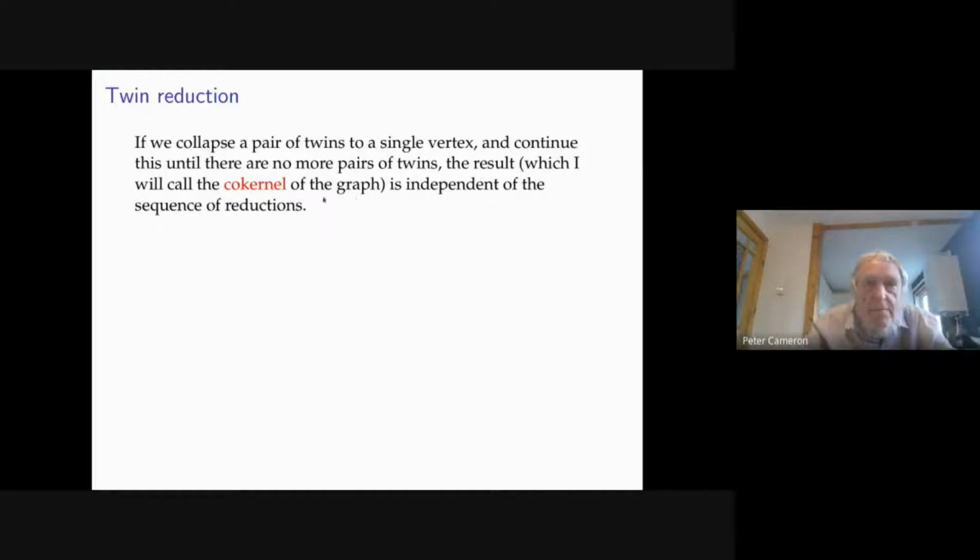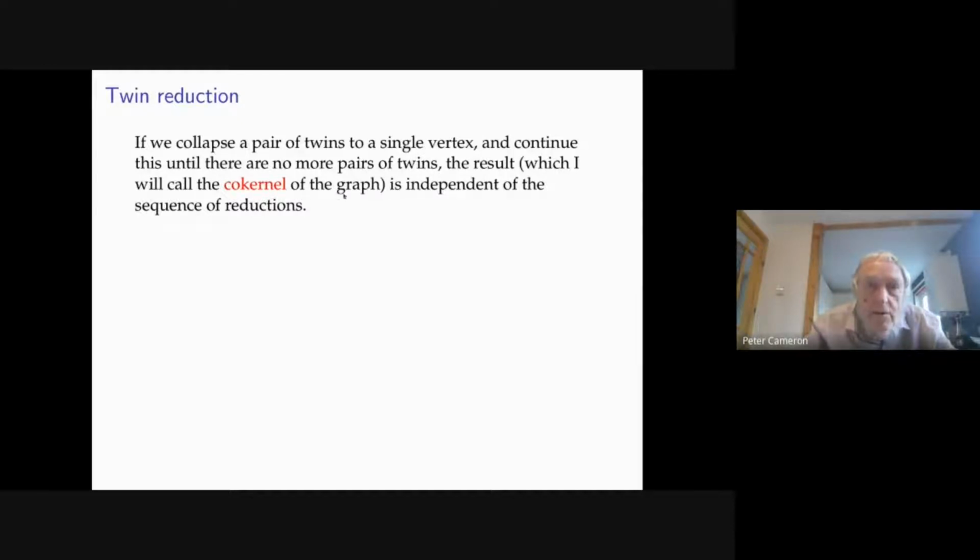And you go on collapsing until you can't collapse any further. And you get a result, which, to give it a name, I shall call the co-kernel of the graph. This has got nothing to do with homological algebra. This is just a name saying we're in the same area of graph theory as cographs, as you'll see in a moment.